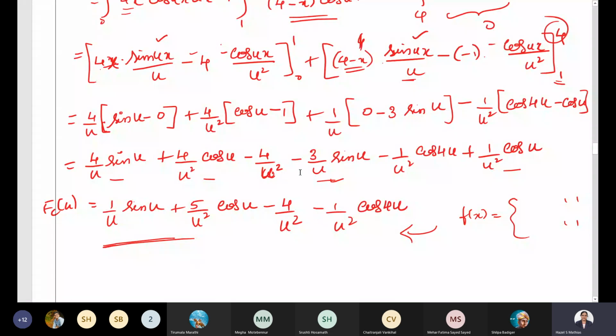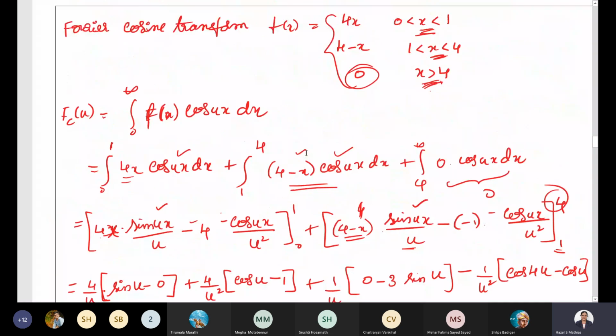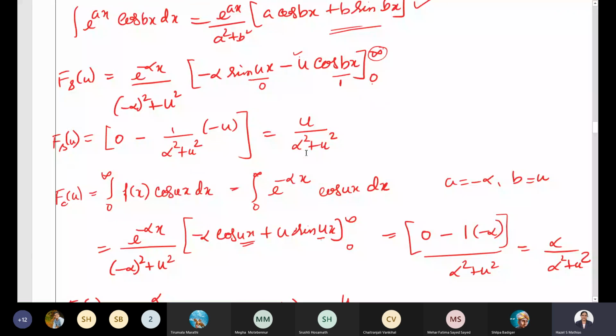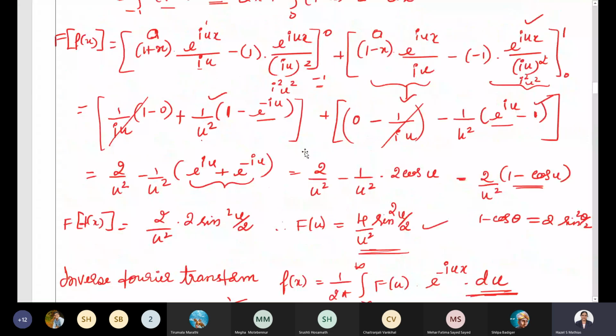Please ask if you want to ask anything, and please refer to my notes and learn thoroughly whatever we have discussed in today's class. Remember that. So we have here Fourier sine and cosine.